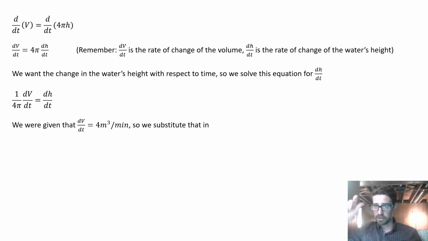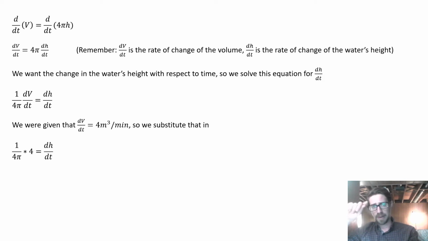If I tell you it's being pumped in at 4 cubic meters per minute, you have to know, oh, that's dv dt. That's the change in the water's volume over time. So that's a rate, and now we can finally plug that in. There's a danger of plugging this in too early, so we'll make sure and avoid that. Just follow my steps and you'll be fine. So stick that in there.